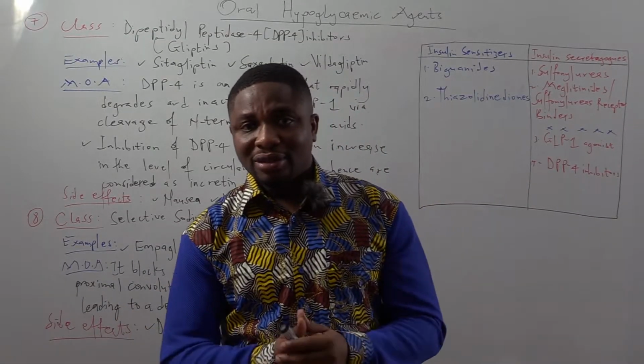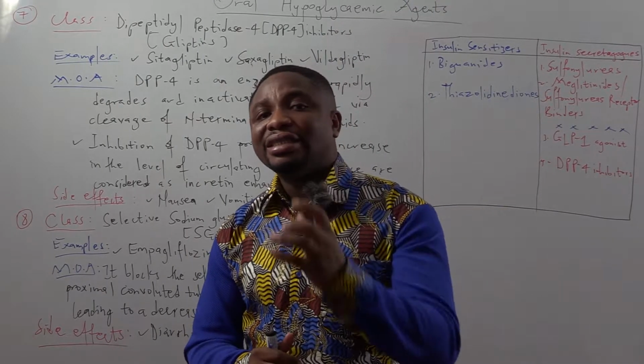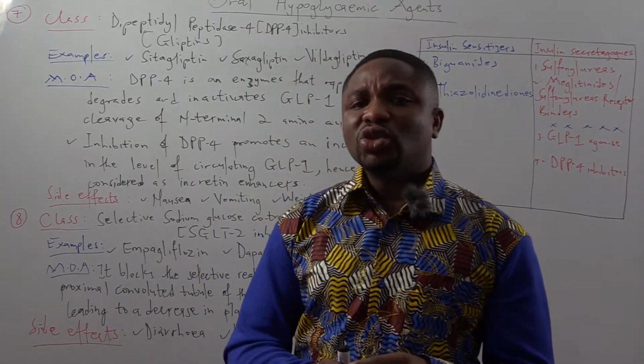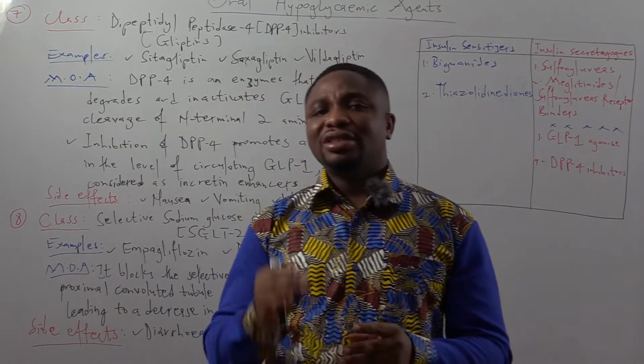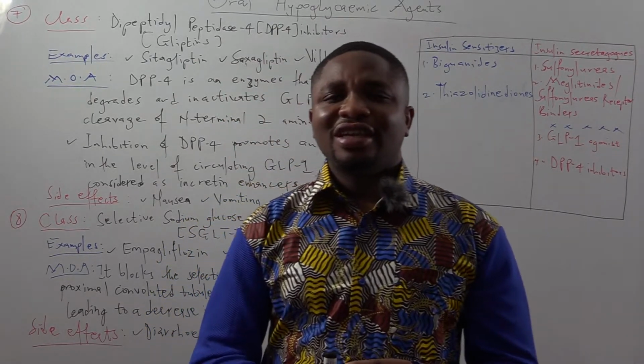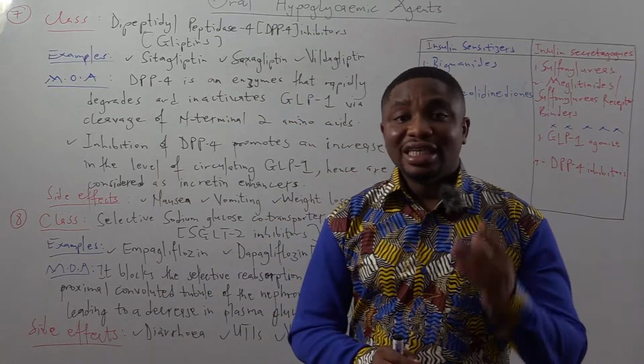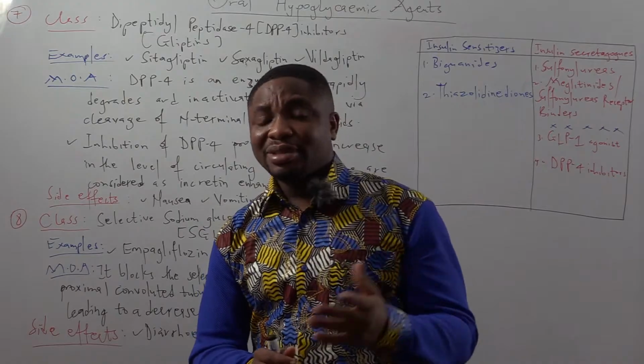And by so doing, what are we going to have? We are going to have an increase in the beta cell insulin release, and that would decrease the level of glucose in circulation.